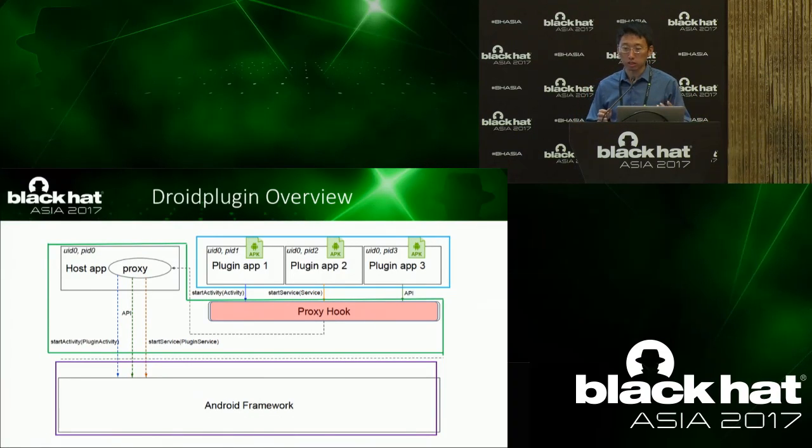And this is the magic for Joint plugin to create a virtual environment on top of the Android framework within the host app. This is because the interception and modification is transparent to both the plugin and the Android framework.